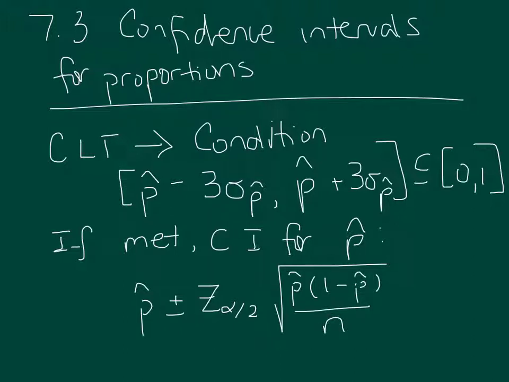That formula should look pretty familiar. That's how we calculated sigma of p hat before, but we don't know p, so we're using p hat in its place.